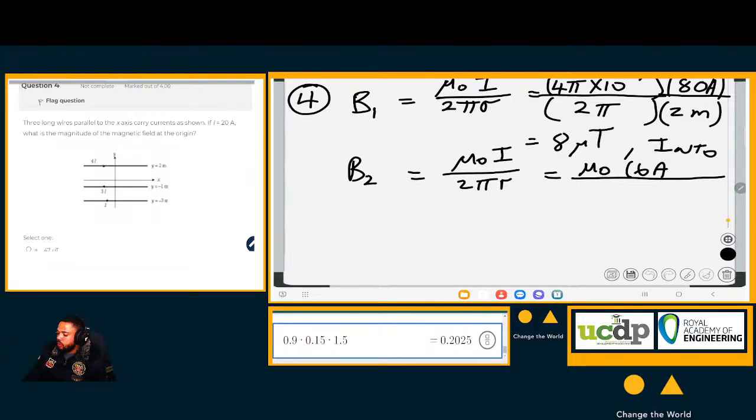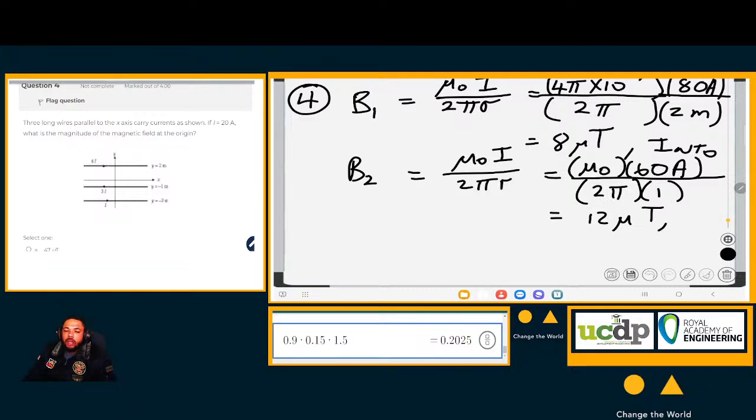Sorry, it should be 60, not 6. 60 amperes over 2 pi times the distance away from the origin, which is 1 meter. And if we calculate it all, we have that it is 12 microtesla.